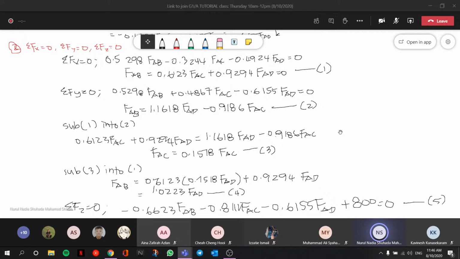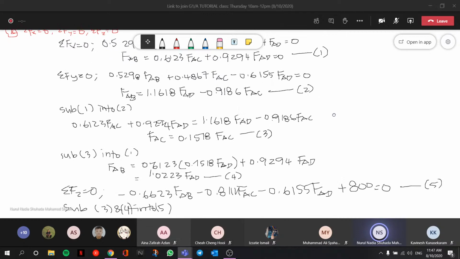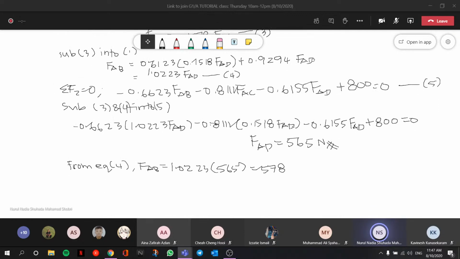And then since we already got AD, from equation 4, you guys will get FAB 578 Newton.